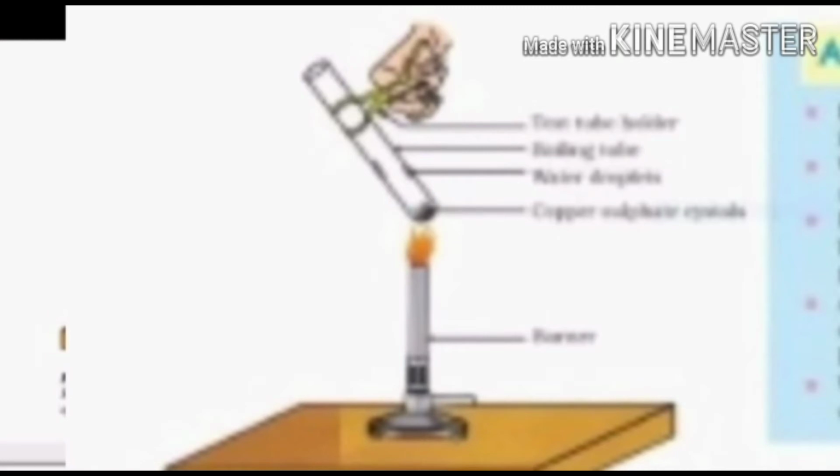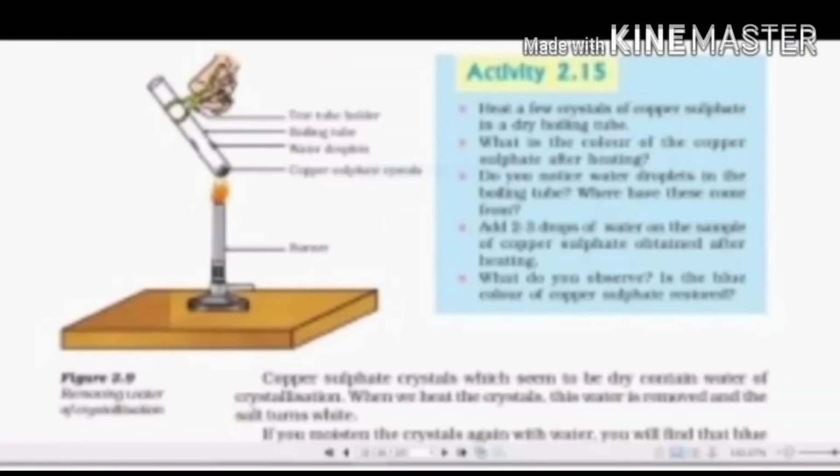If we moisten the dry crystals again with water, the blue color of the copper sulfate crystals reappears. This experiment suggests that there are certain salt which contain fixed number of water molecules in them.